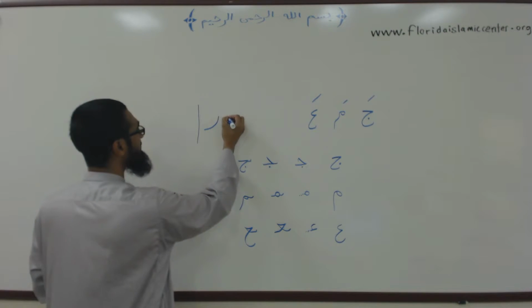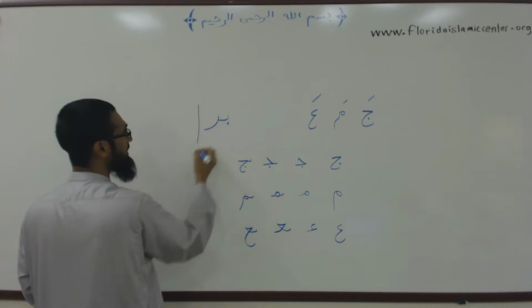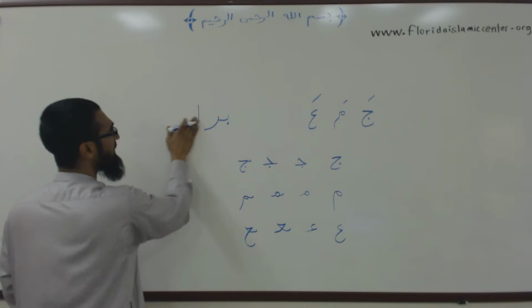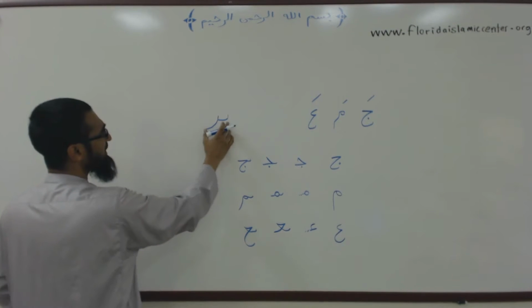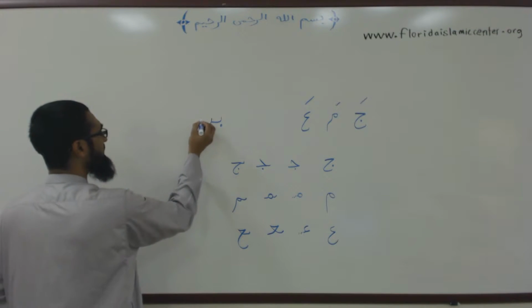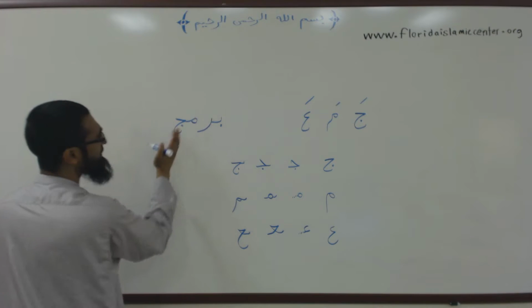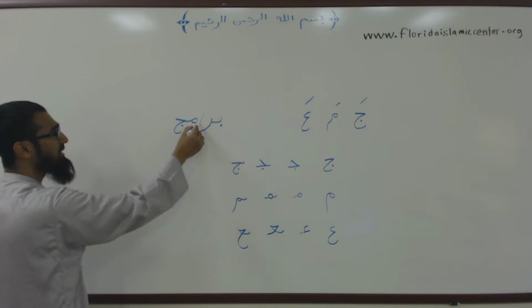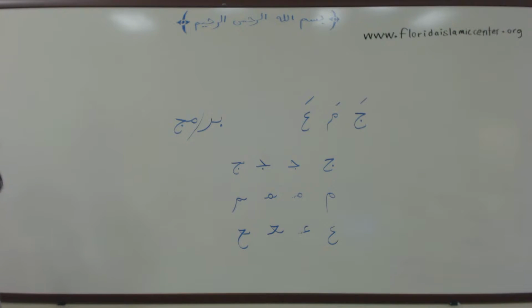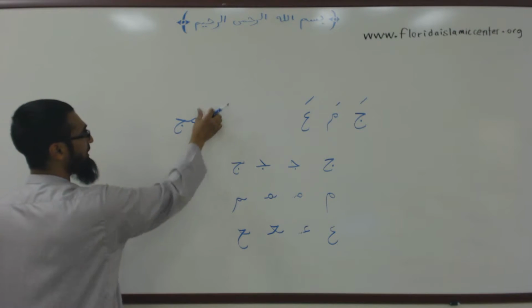But you can join something from the right of it, or to the beginning. So you can put a ba and then a ra. But if you wanted to put another letter here, let's say for instance ba, ra, meme, and then a jim, you have to disconnect the ra from the meme. You cannot join anything after the ra.